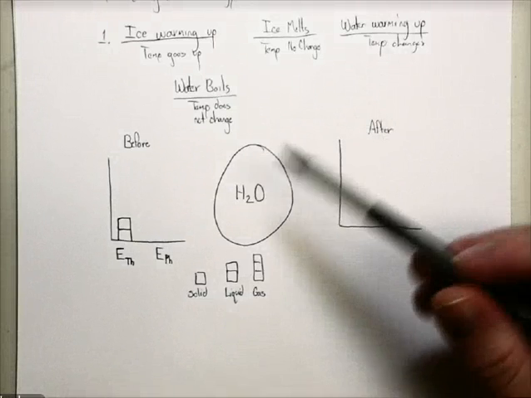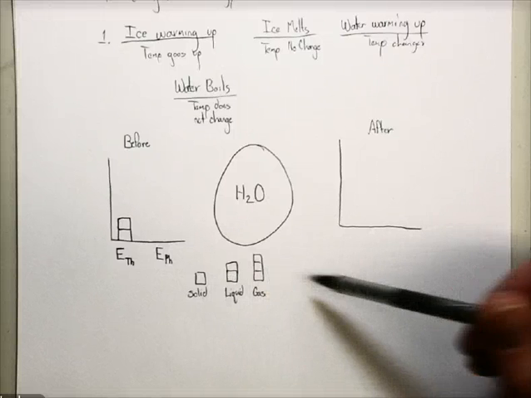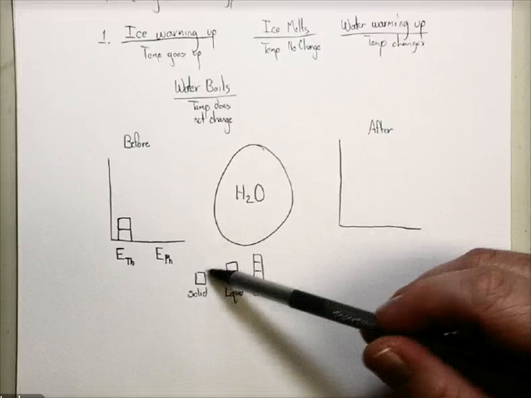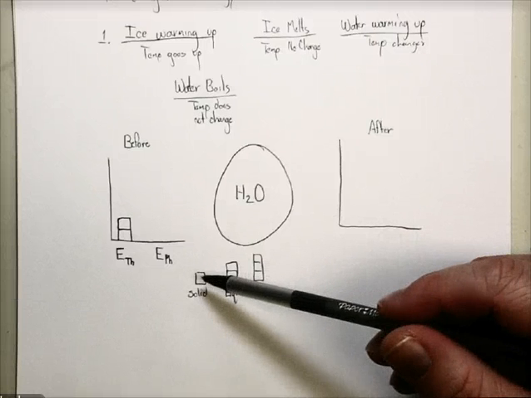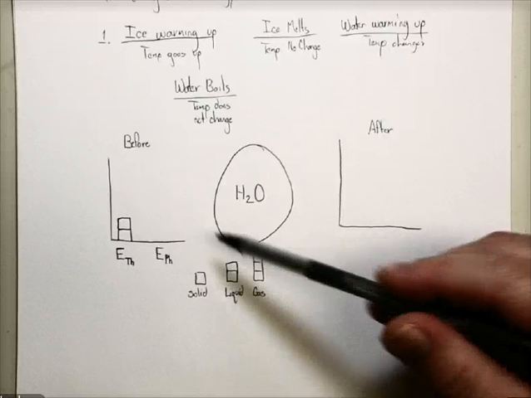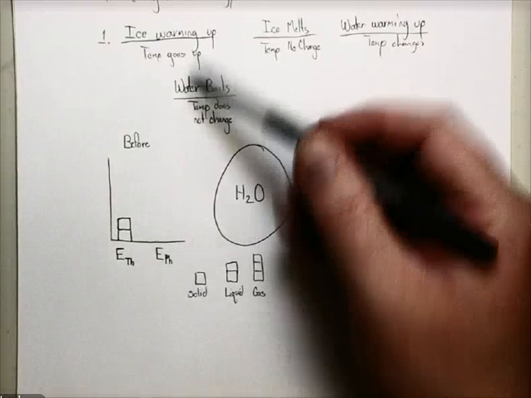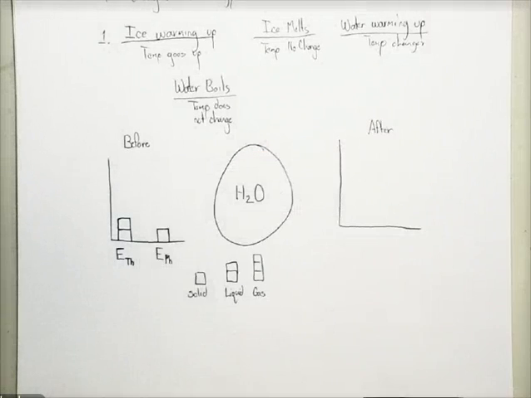The reason for this is you can think of the particles within a liquid and a gas have more energy. So just as a way of talking about the phase, we'll say that solids have 1 block of phase energy, liquids have 2, gases have 3. So in this case, we're dealing with ice, so we have 1 block of phase energy.